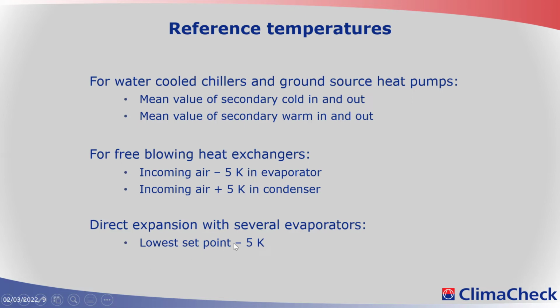For direct expansion with several evaporators, this would be the case for supermarkets, we would take the lowest set points. For example, in a medium temperature, this might be 2 or 3 degrees. So we would take this lowest set point and do -5. This is how we define the reference temperatures.